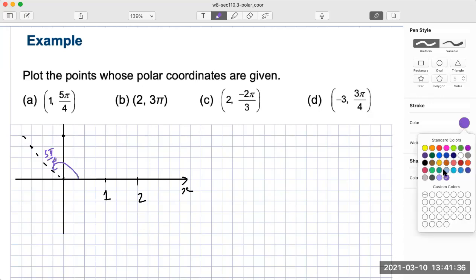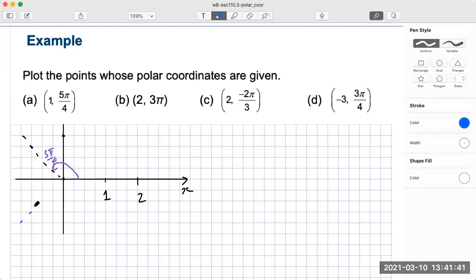And 5 pi over 4 will be this one, the big angle right here.